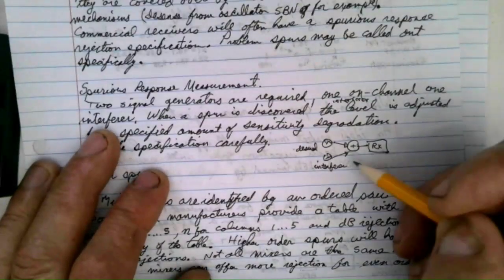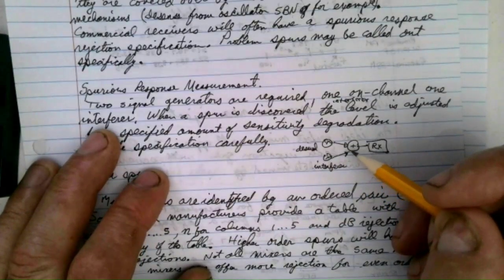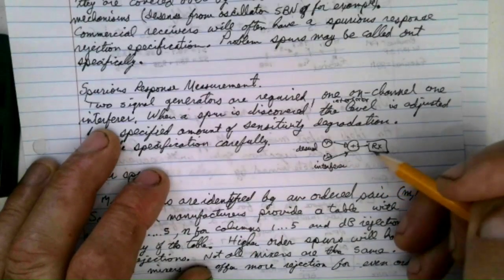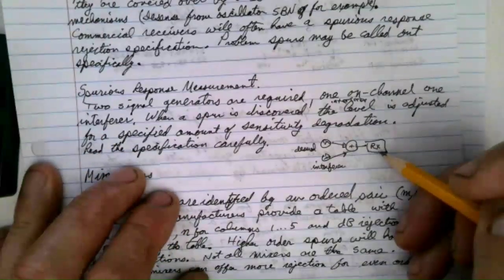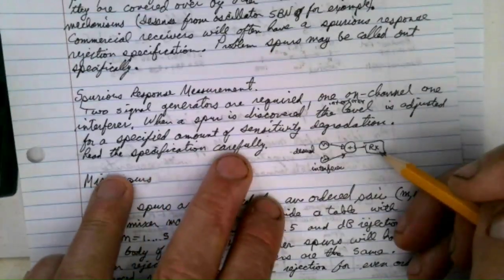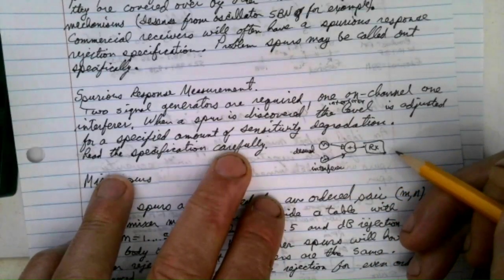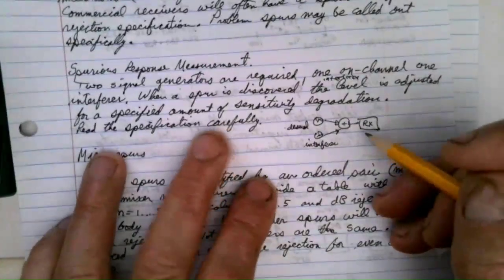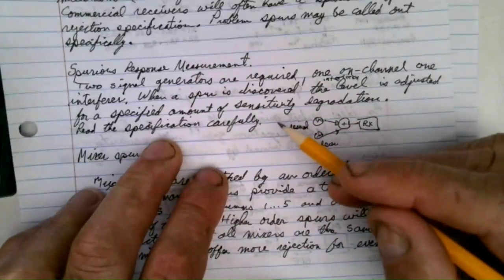Then you're going to hunt around and find a spur, and adjust the level of the interfering generator for the specified amount of sensitivity degradation. And of course, you're going to want to read the specification carefully so that you do the test the way that they tell you to do it. Otherwise, the number you get won't mean anything, for all receiver specs and specs in general.